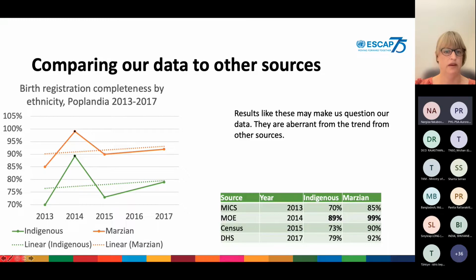So these little black dots, let's say that this was our inequality assessment, but then other results from, say, the MICS or maybe the census or the DHS were quite a bit lower. And then if we look at the line over time, it looks like we're way off base. And in that case, this might make us question our results. So why are ours so different from the other ones in similar sources over time?